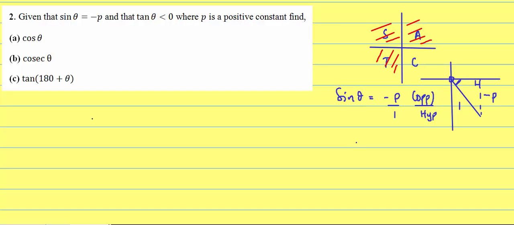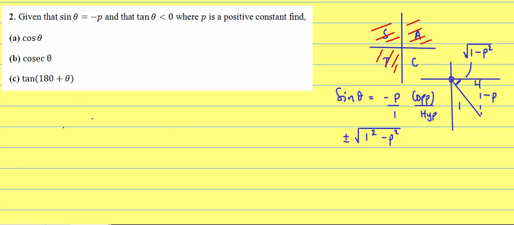If I mark this as my angle of interest, the adjacent side is going to be equal to plus or minus the square root of 1 squared minus p squared. But I'm going to take the positive value because I know that this is on the right hand side of the x-axis. So that is going to be the positive square root of 1 minus p squared.